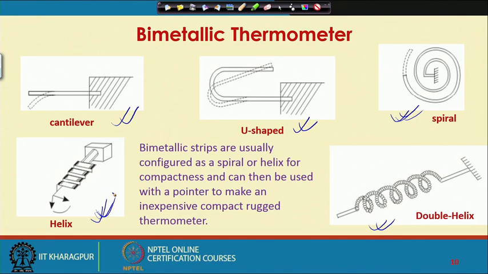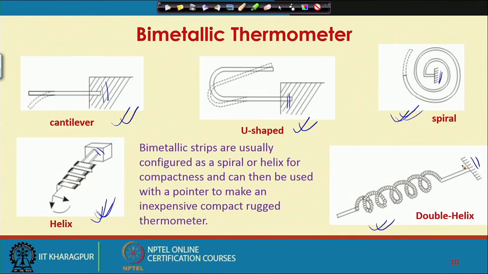In all these cases, you see that one end is fixed and the other end is subjected to the medium whose temperature you are measuring. So, it is the deflection of the other end that is related to the temperature.